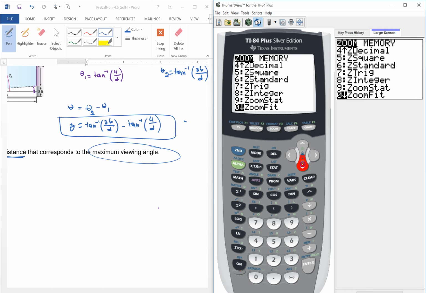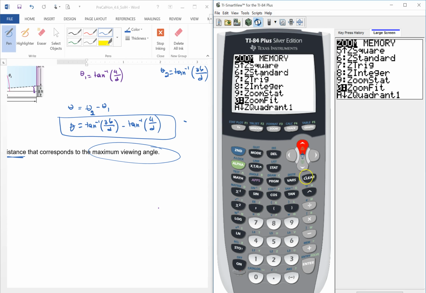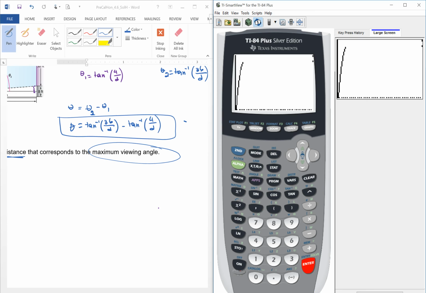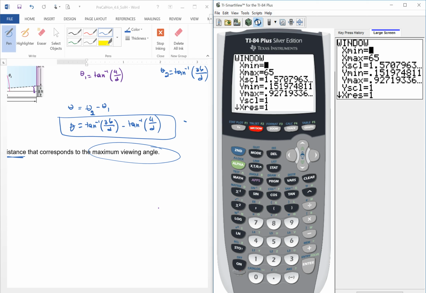It's the 10th option, or 0. If you press enter, it adjusts the y scale so that it shows you the entirety of the graph over the x values that you've specified. Does that make sense? So just go from 0 to 65 and then press zoom fit, zoom 0. Okay?